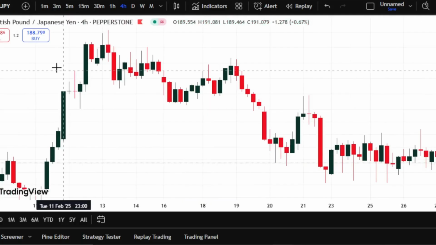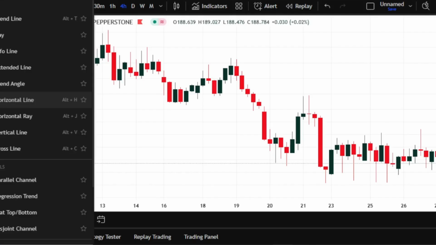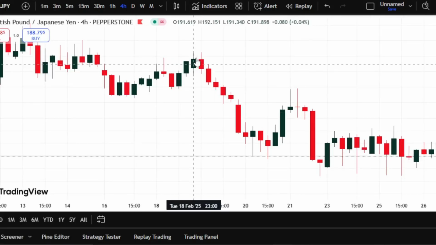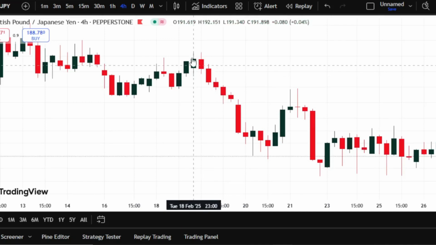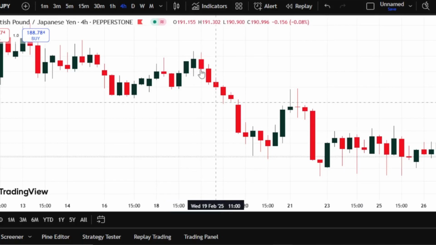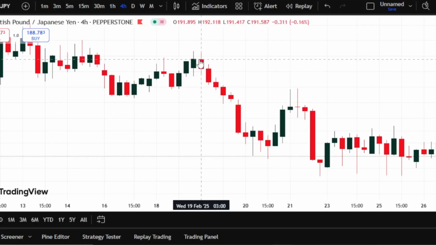Now, just the same way we discussed how resistance is formed, in this case this is a black candle, which is a bullish candle, and this is a bearish candle. When you have a bull candle followed immediately by a bear candle, then a resistance is formed immediately.